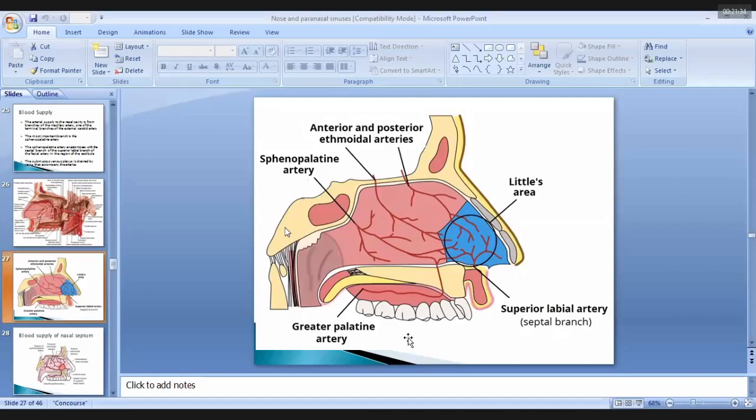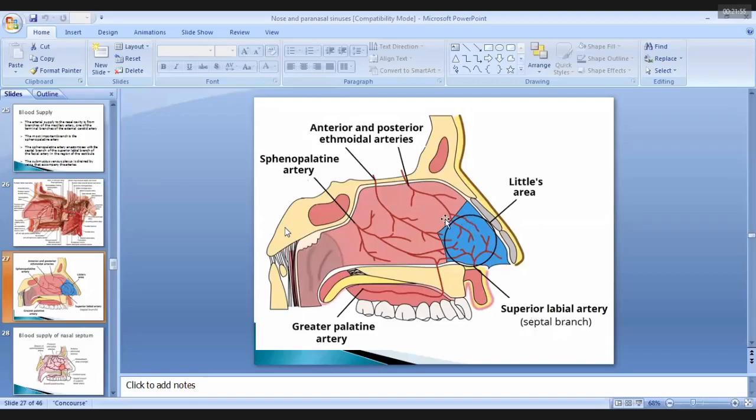The remaining arteries are the same. So collectively, there are 5 branches that supply the nasal cavity: anterior and posterior ethmoidal, sphenopalatine, greater palatine, and either the superior labial or the lateral septal branch or the lateral nasal branch of the facial artery.